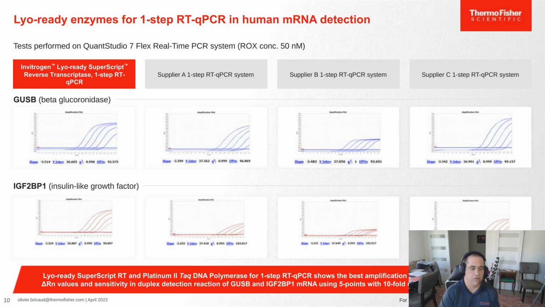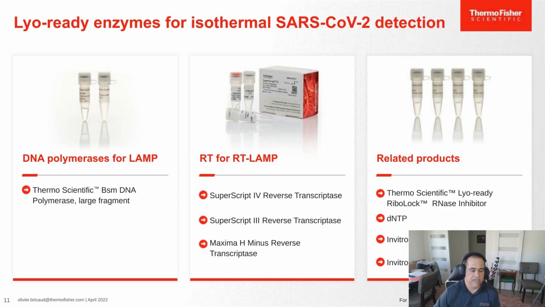As you can see again on the left under the red column, our Lyo-ready enzymes perform at least as well, if not better than the competition, really showing that they perform the way they should after reconstitution. As I said, we are thinking about Lyo-ready enzymes throughout the whole workflow of amplification.